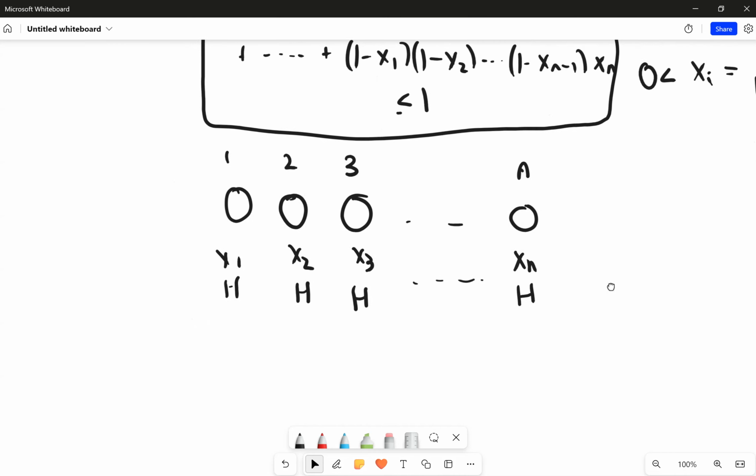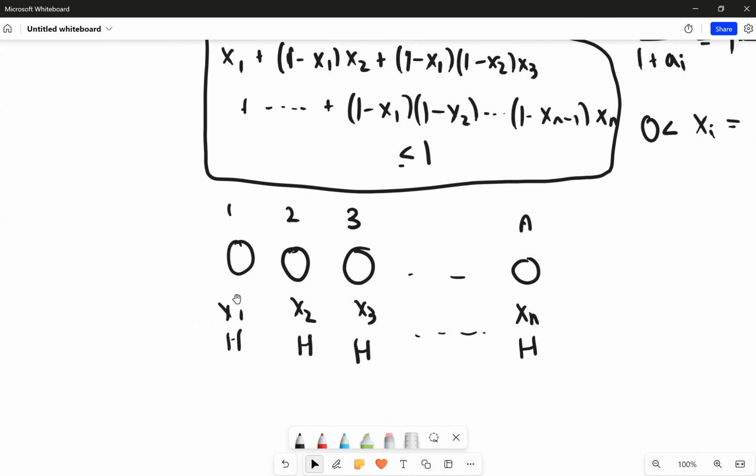This is because we start with the first coin, we flip it. If it gets heads, we're done. This is probability x1. Otherwise, in the case that it doesn't get heads, it's 1 minus x1. And then we have x2 if that becomes heads. And then the probability that the first two are tails, and this is heads, is 1 minus x1 times 1 minus x2, times x3.